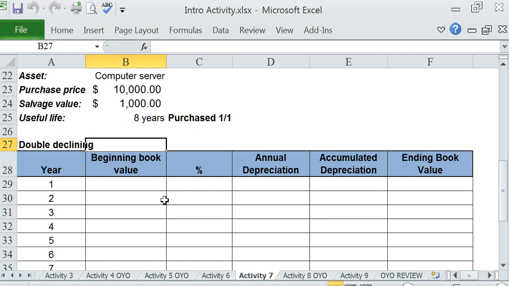With the double declining or declining balance method, we're going to take more depreciation early on in the asset's life and then less later on.